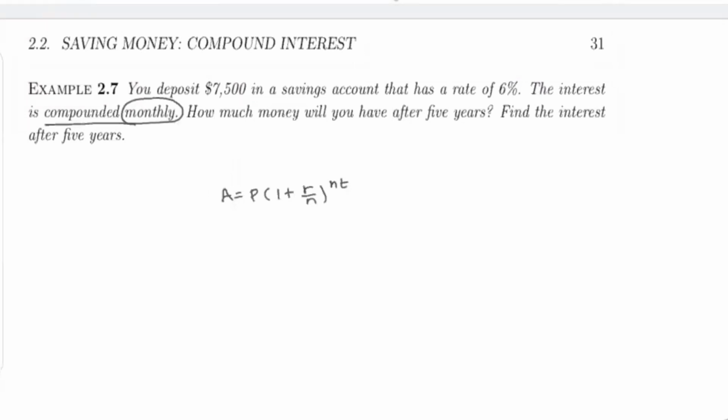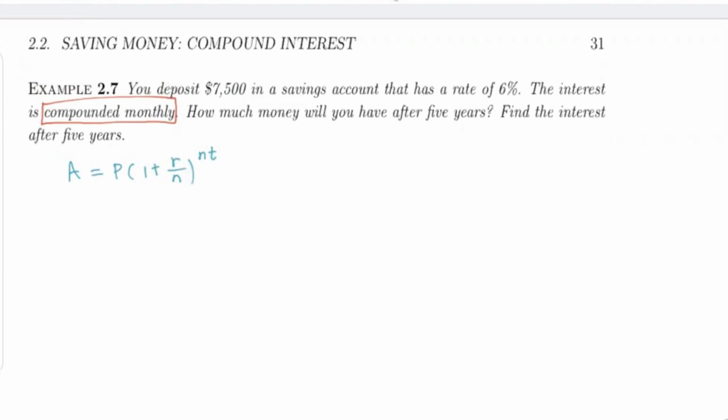So I want to rewrite it. Compound interest formula. There are two things to do. A equals P times 1 plus R over N to the power NT. That's the first thing we do. And we need to assign the numbers to the letters.